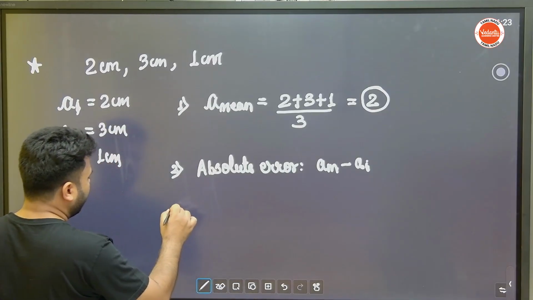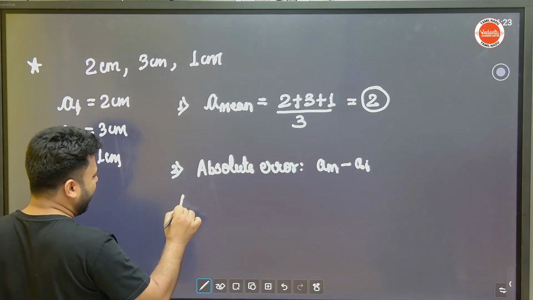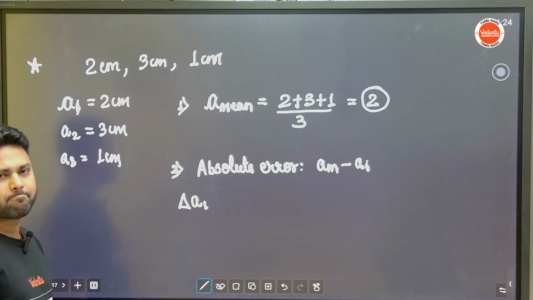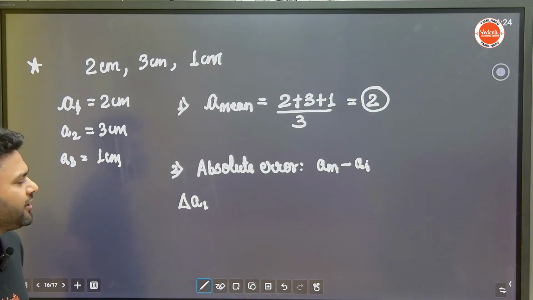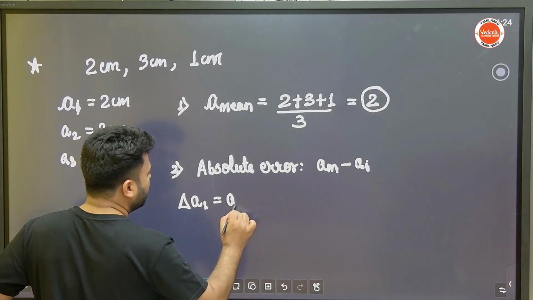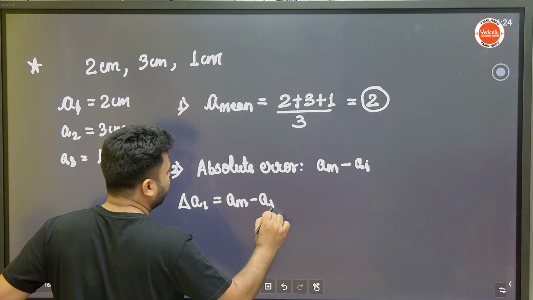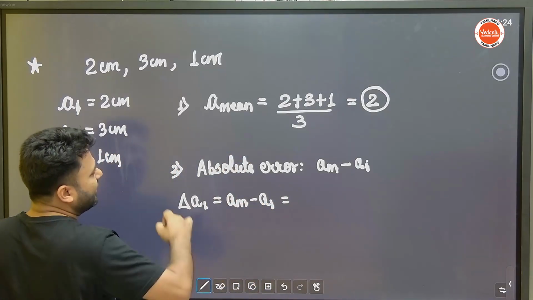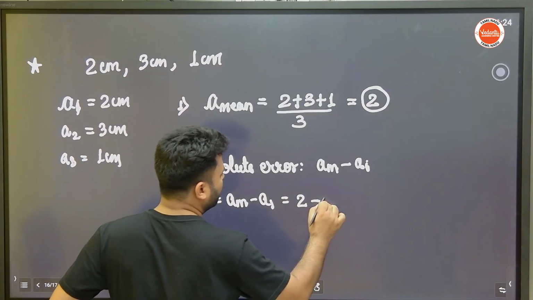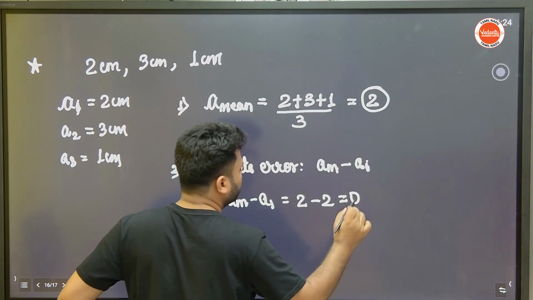Like if I ask what is the absolute error in your first observation, I will write mean value minus my first observation. Mean value is 2, minus my first observation, which was 2, so we are getting 0.